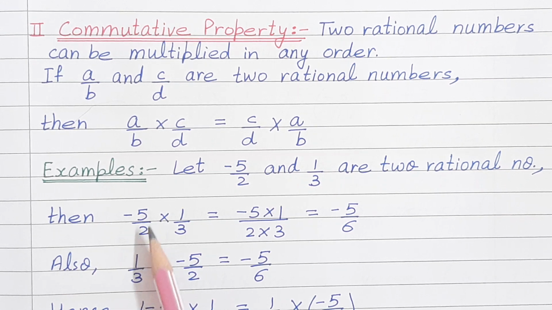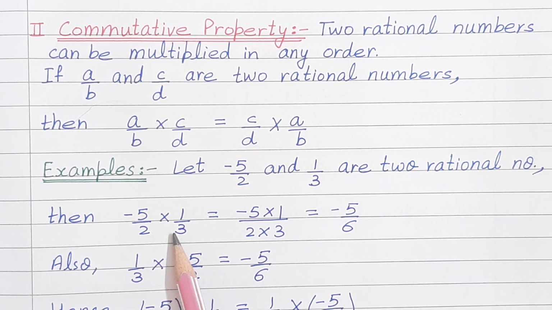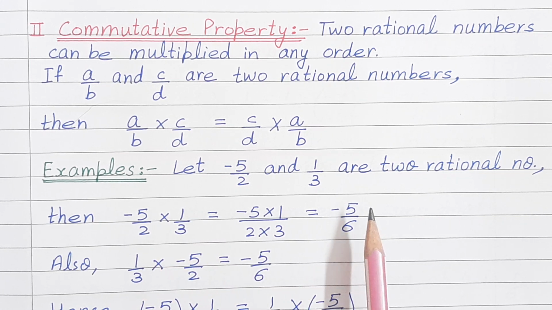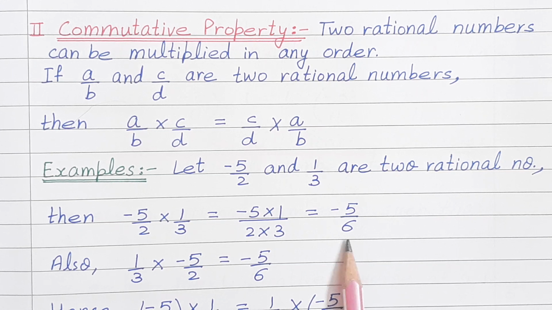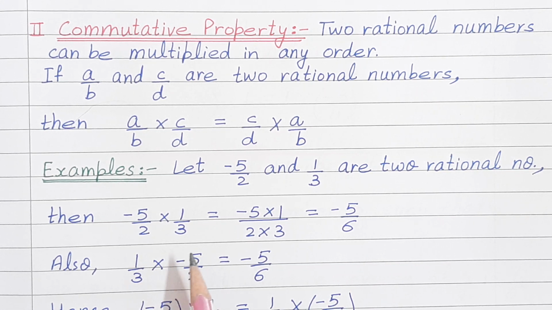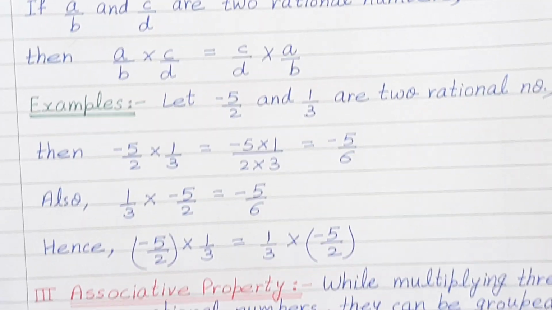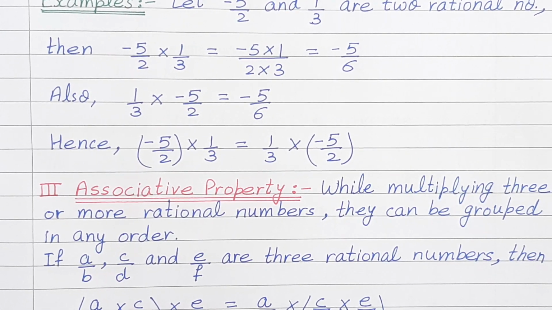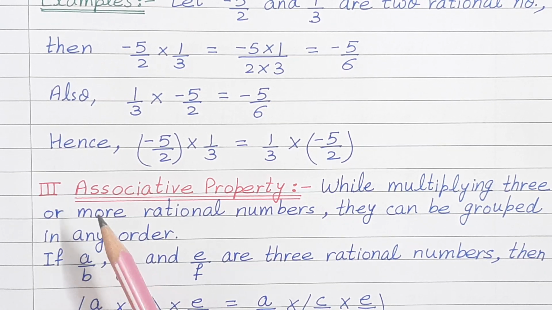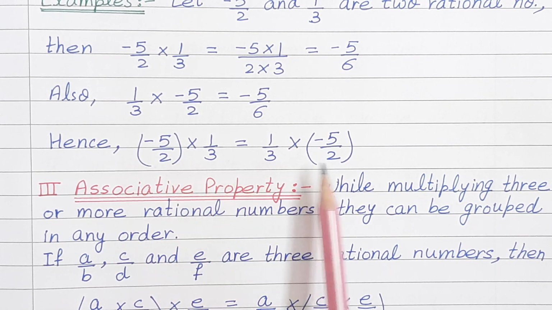Then minus 5 upon 2 multiplied by 1 upon 3 gives the result minus 5 upon 6. Similarly, if you change the order, 1 upon 3 multiplied by minus 5 upon 2, here also the answer is minus 5 upon 6. Is it clear? So, the commutative property holds for two rational numbers.